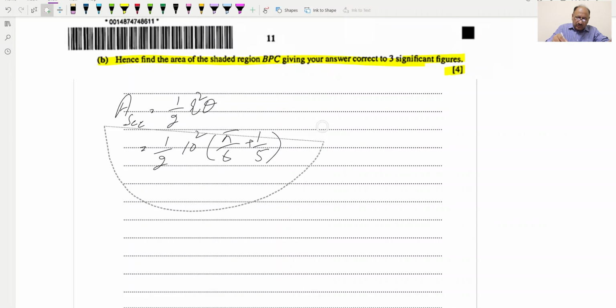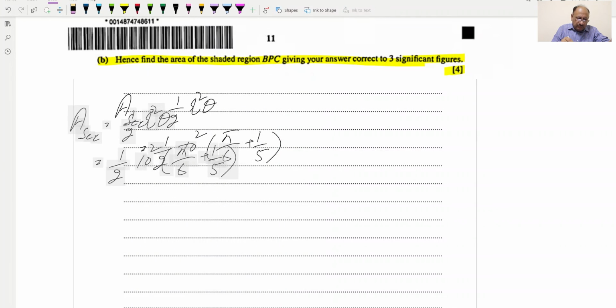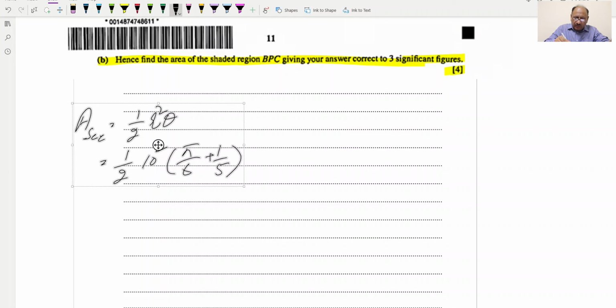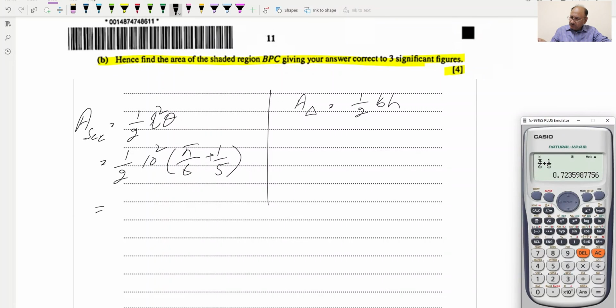And side by side we can find the area of the triangle also. So area of triangle will be equal to half into base into height. First we need to find the height, because height we don't have. So we will calculate this, then we will find the area of triangle.